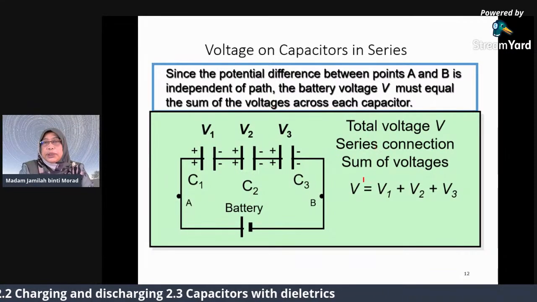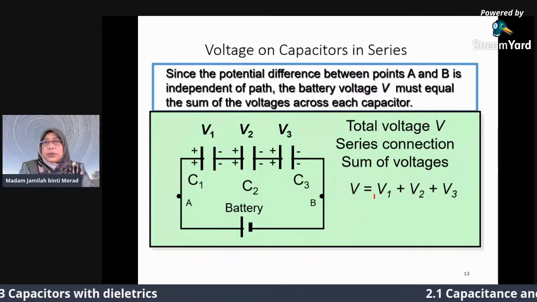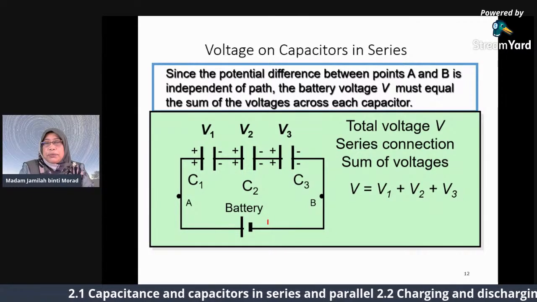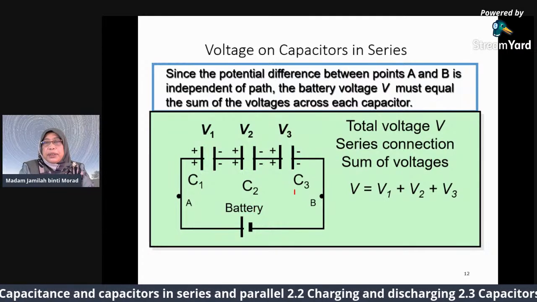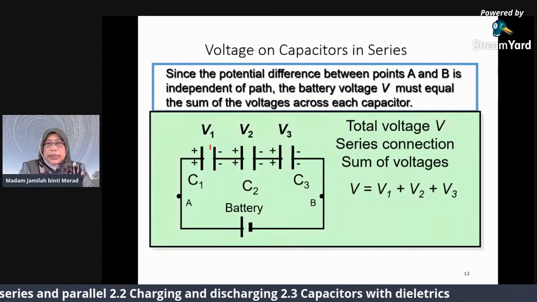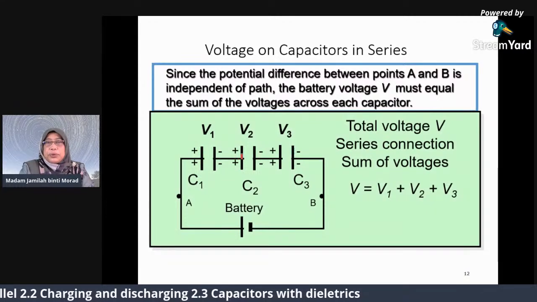In terms of the voltage, V from the battery should equal V1 plus V2 plus V3. Let's say your battery is 12 volt. It depends on the voltage across each capacitor. The charge is the same, so you use Q equal to CV.